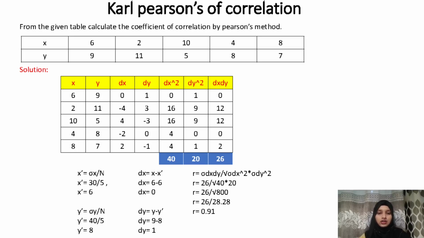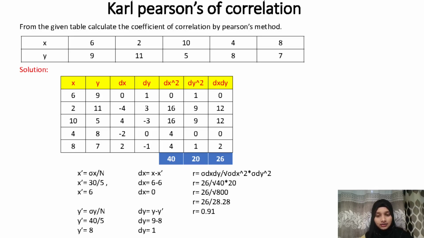Then we can find the correlation. Here, a small r indicates the correlation. Here is the formula: r is equal to sigma dx into dy divided by under root sigma dx square into sigma dy square.